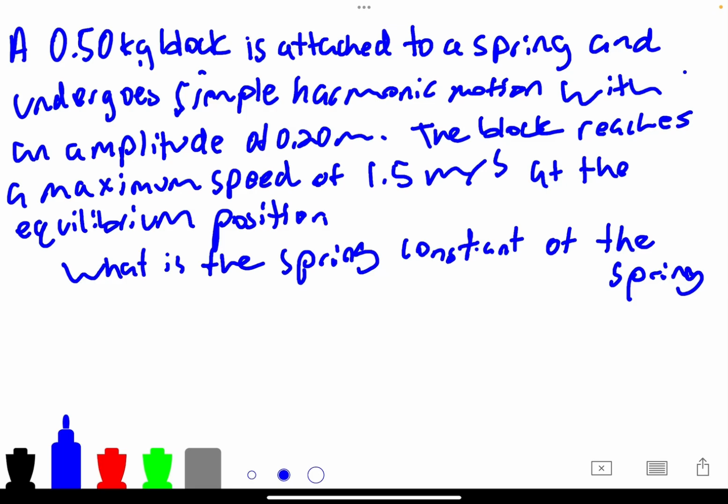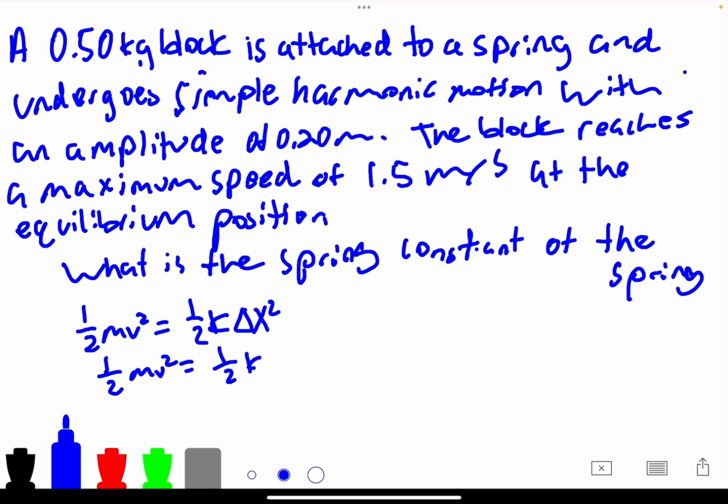Since we're given the speed, and the way we found speed previously was through the conservation of energy, 1/2 mv squared, we set it equal to 1/2 k delta x squared. And we also changed that to the amplitude, so it was the amplitude squared.